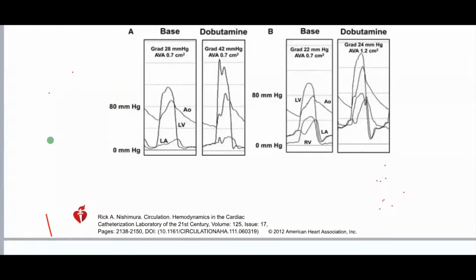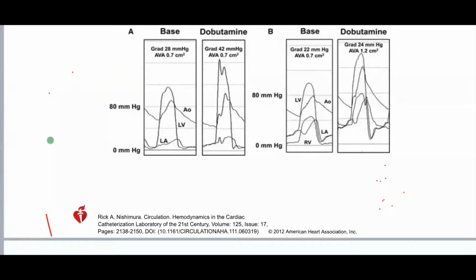In A, true aortic stenosis. Pseudo aortic stenosis in B. Exactly. And why you say that? Because in case of patient B, after the dobutamine, the area increased.